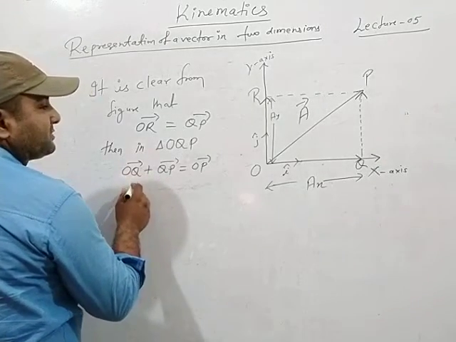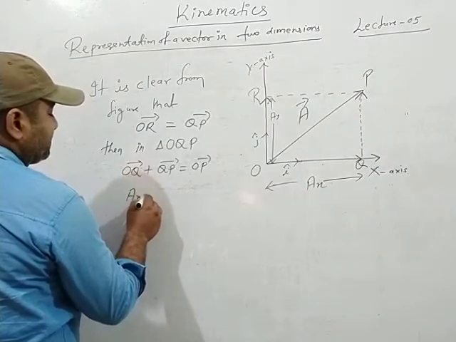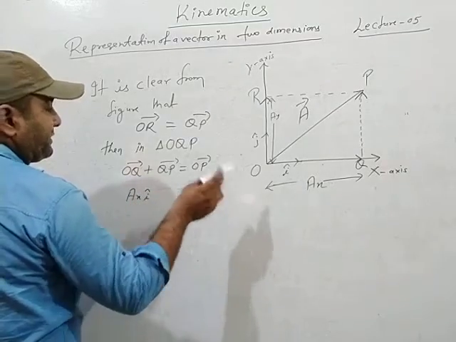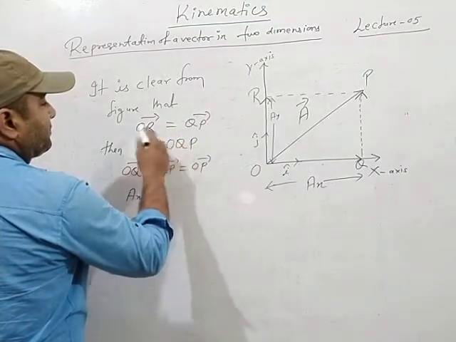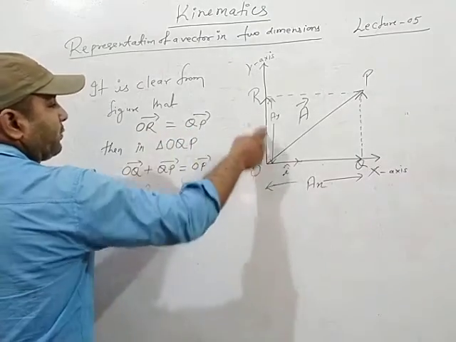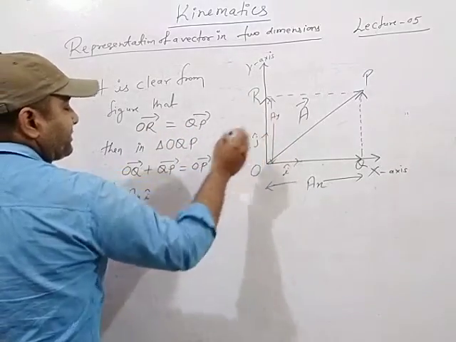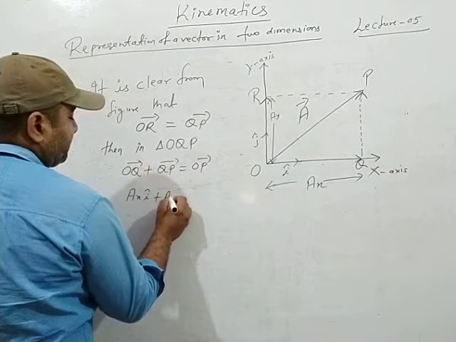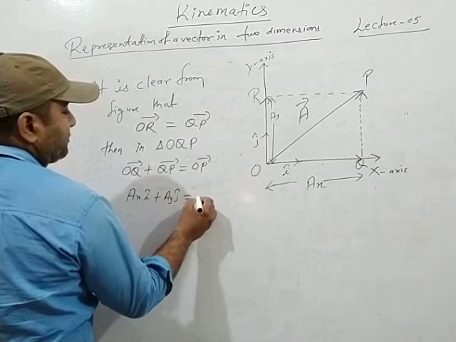And then here OQ means AX times unit vector i, and QP is equal to OR, and OR is equal to AY unit vector j. AY j is equal to OP means what?